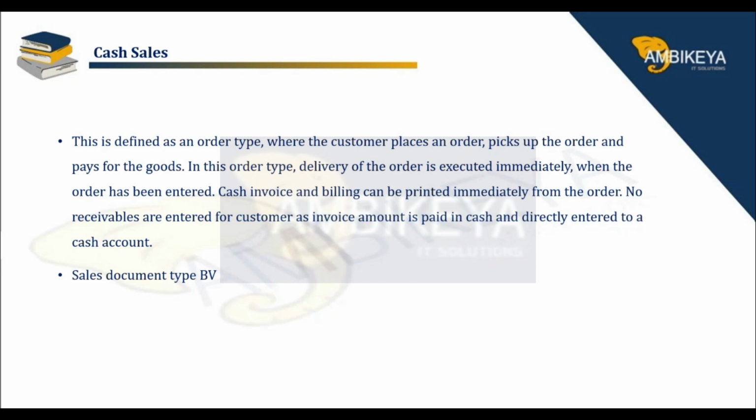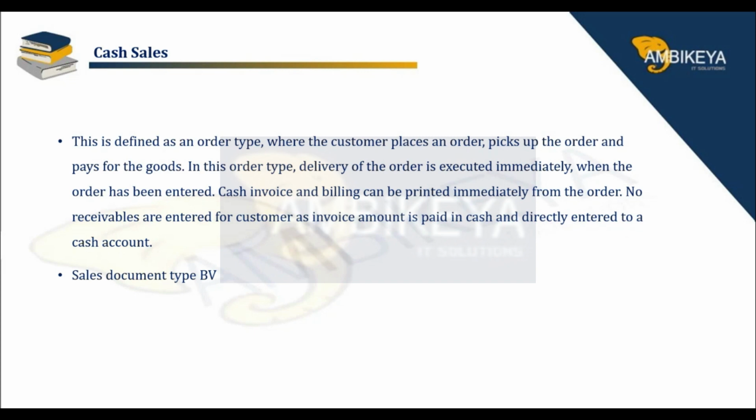In this order type, the delivery of the order is executed immediately when the order is entered. The typical example of cash sales is going to a grocery shop or a departmental store where you buy the goods on the spot and take the delivery immediately.